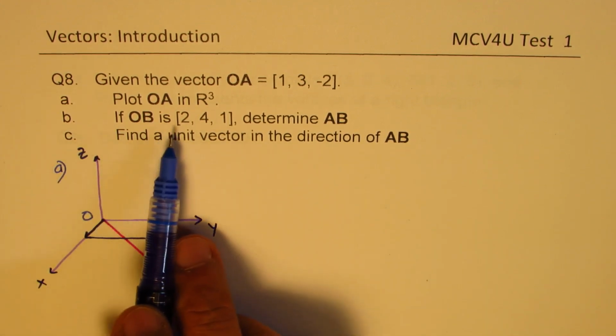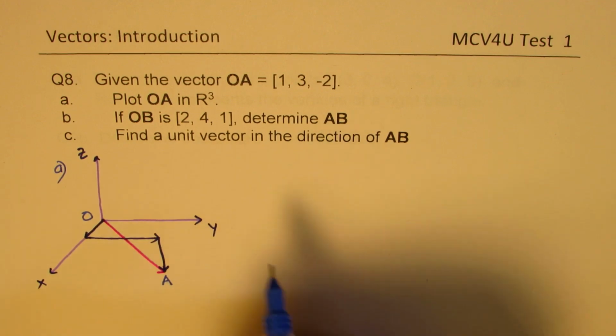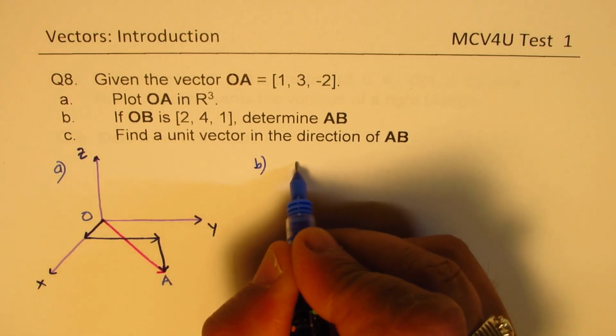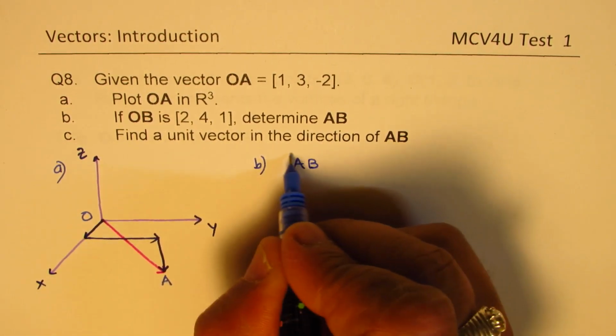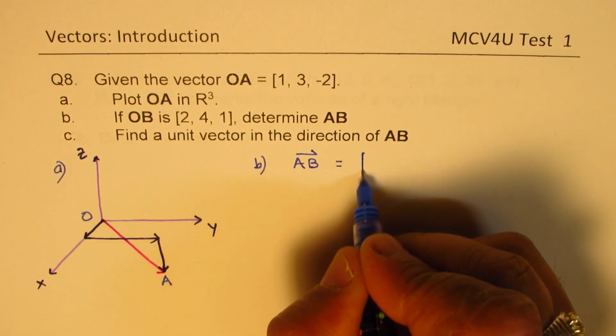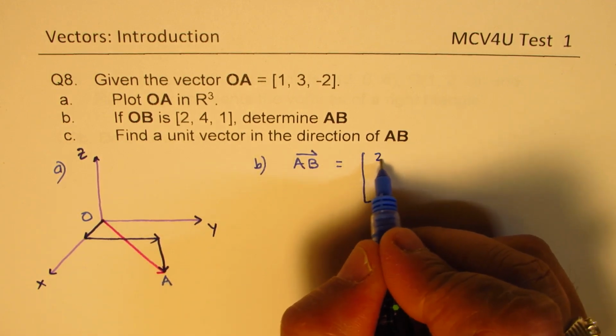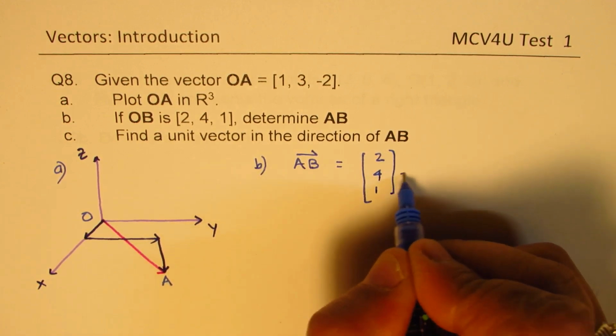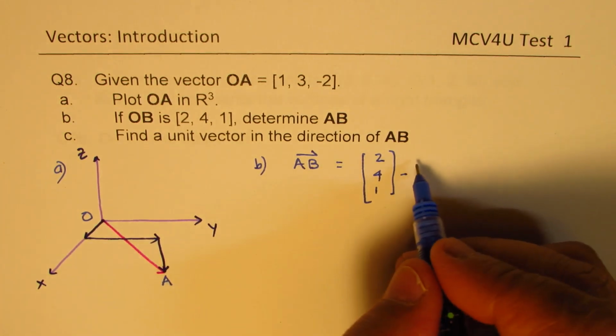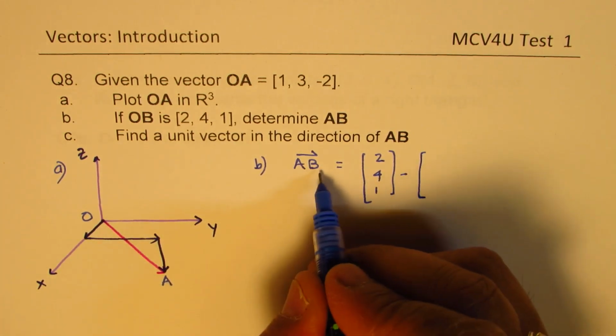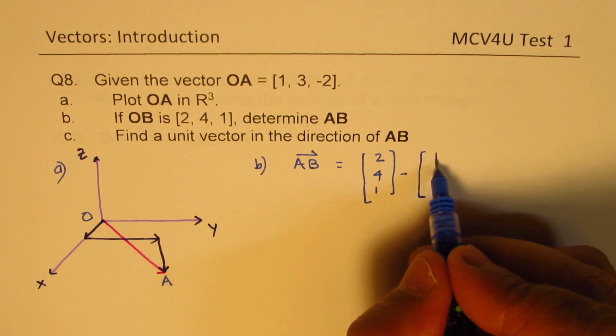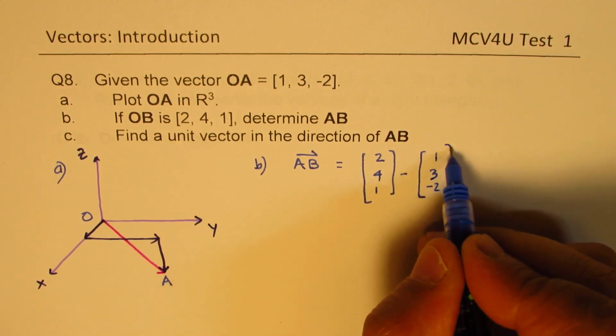Part B. OB is (2, 4, 1), determine AB. So AB will be equal to, we can write in this form, (2, 4, 1) minus, A to B, so B minus A, right? So (1, 3, minus 2).